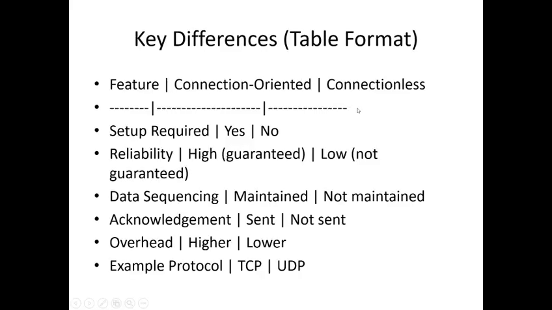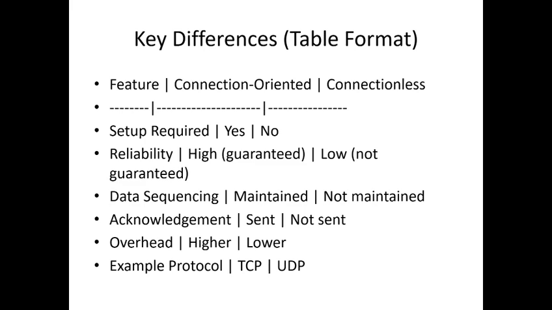Key differences, in table format. This table shows a side by side comparison. Connection-oriented protocols like TCP are reliable, maintain order, and use acknowledgements, but they are slower.